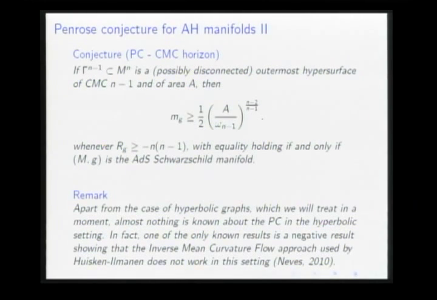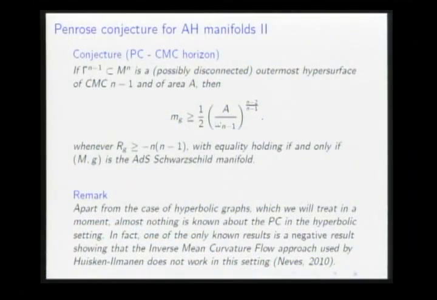And you have a constant mean curvature horizon conjecture, where only this term shows up. Not many things are known about this. In fact, one of the only results is by Neves, which shows that the approach used by Huisken and Ilmanen doesn't work in this case.